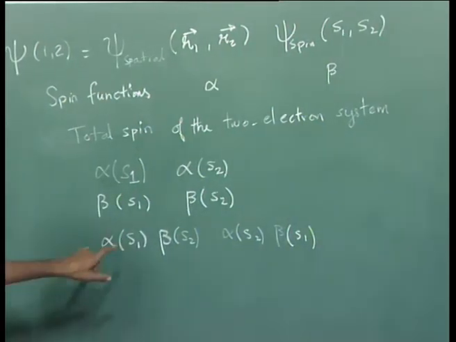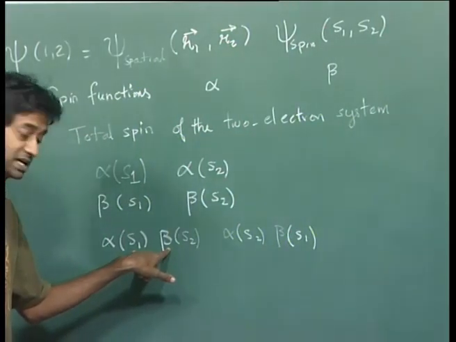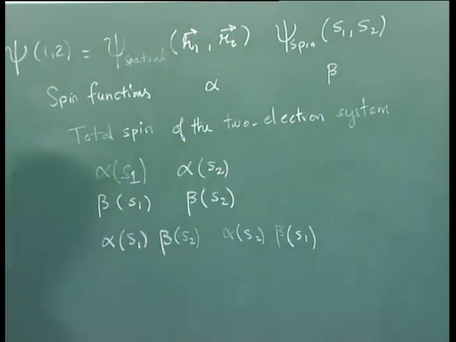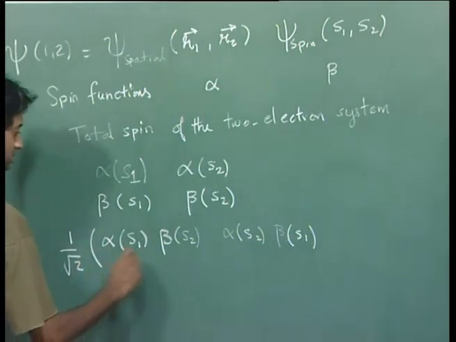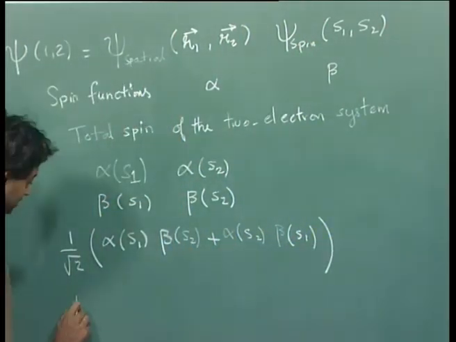So this sort of representation is not valid as a representation of the spin function of the 2 electron system, and you have to consider either a linear combination of this form, okay, or a linear combination of this form.